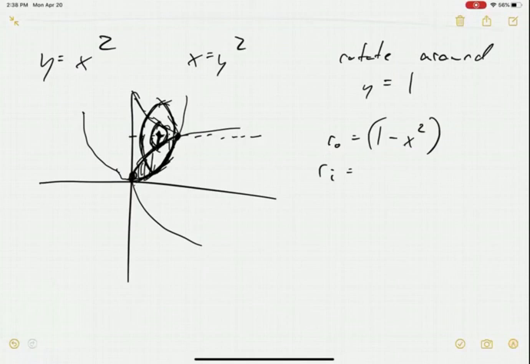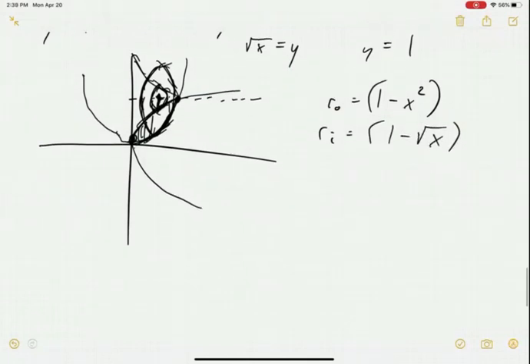Since I'm rotating around a horizontal line, I want to do everything in terms of x. So instead of x equals y squared, I should consider it as the square root of x equals y. So my inner radius should be 1 minus square root of x. And then I should use 0 to 1 as my bounds of integration.